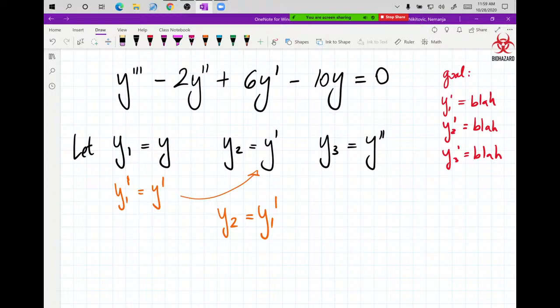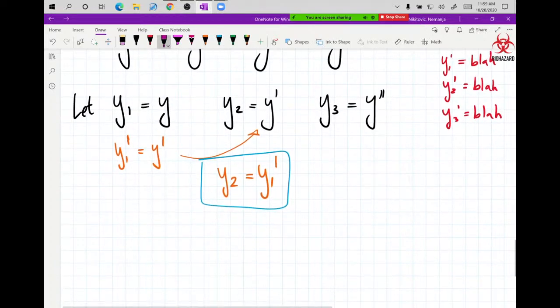Now, what are we going to do for the next one, right? Because now I need to differentiate. Maybe I should, let me do the blue box around this one. Now, the next step is purple.